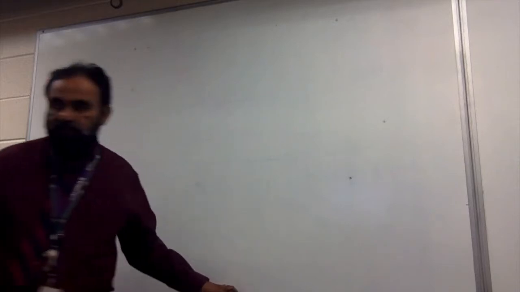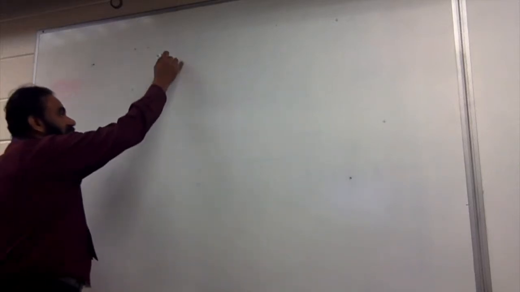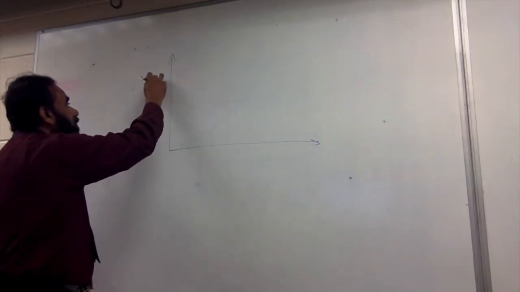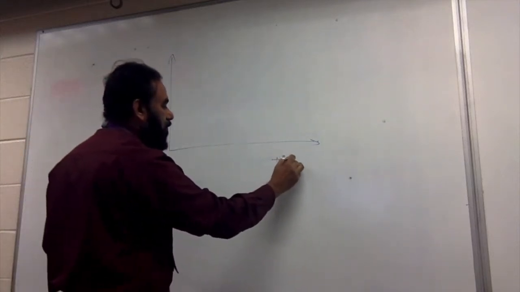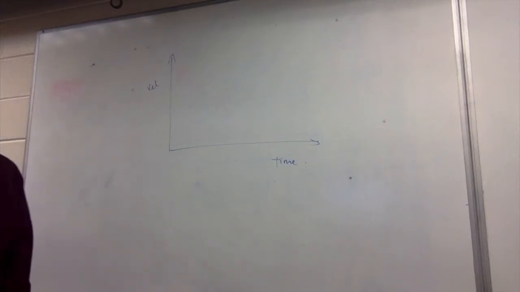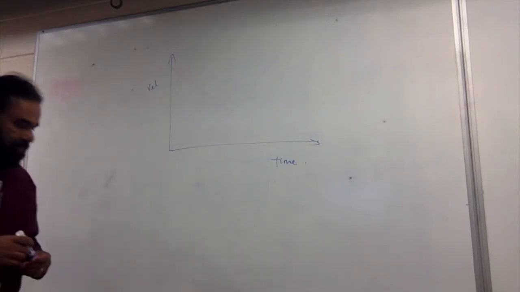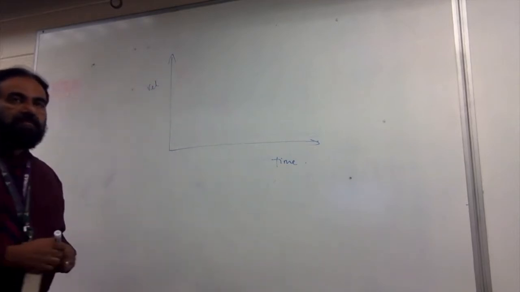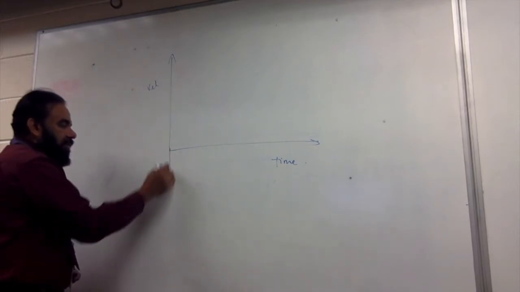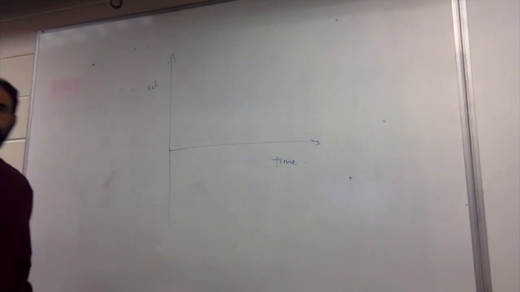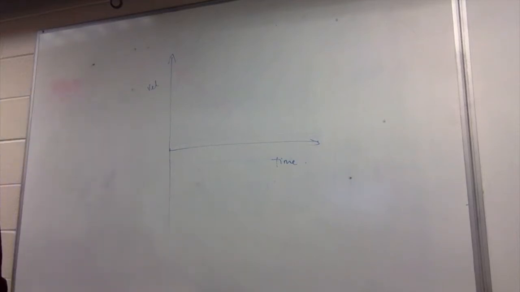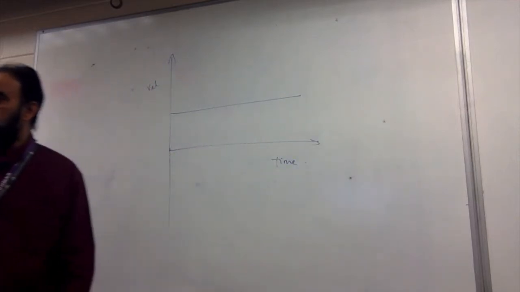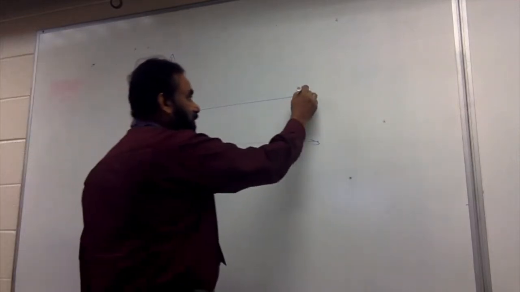Now coming to velocity time graph. These are velocities. On a velocity time graph, what does this represent? Uniform velocity.